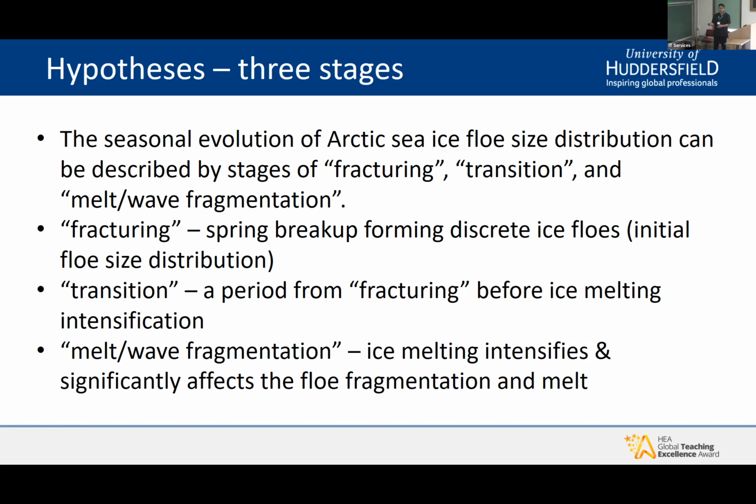Then we can think about the transition: what is the characteristic of floe size in the period before the melt and after the spring breakup? And what floe size characteristic appears when significant melt starts? It was a very simple idea.